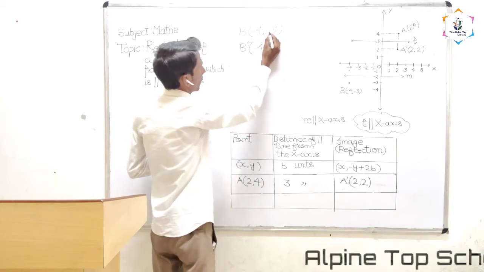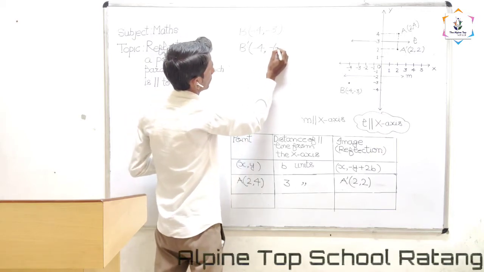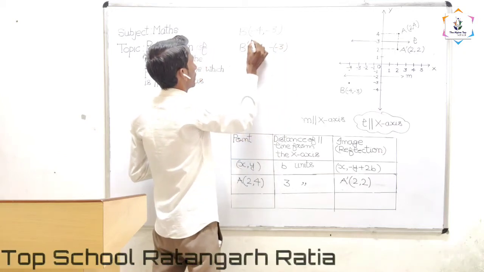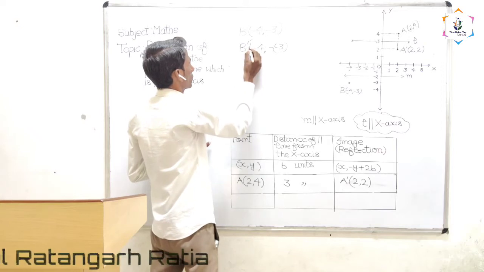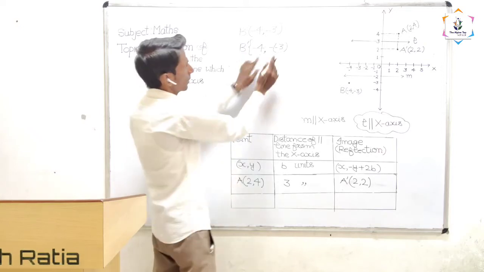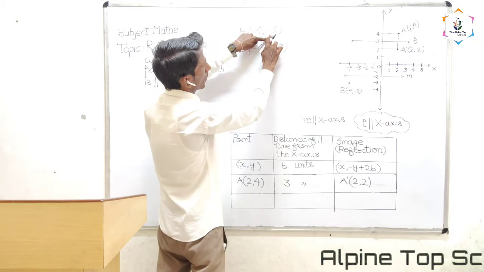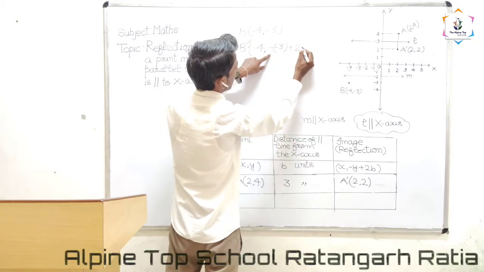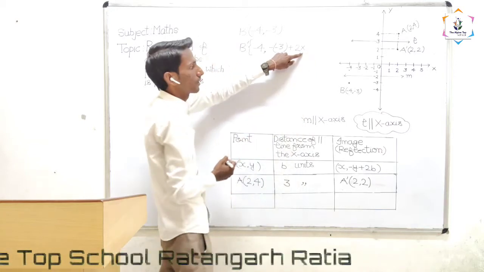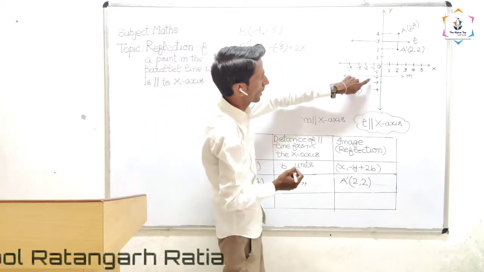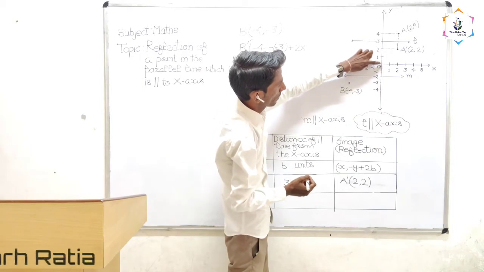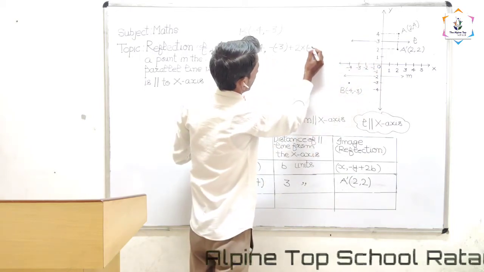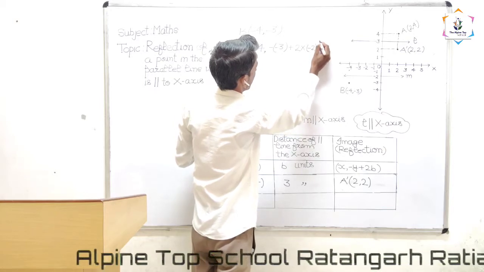I have to multiply the coordinate with -1, as you may use the curly bracket also. I have to multiply the coordinate with -1 plus twice the distance. But what is the distance of this line M from the x-axis? 2. But on the negative side, that's why we can write -2 here.